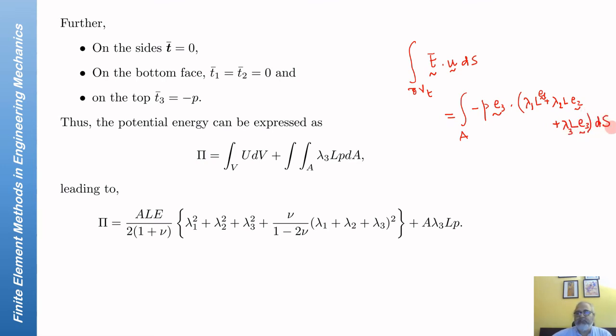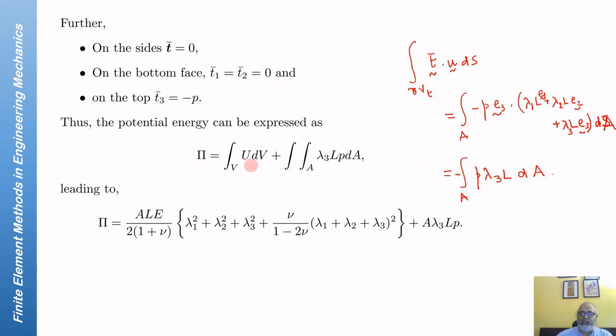So now if you take the dot product, this will become the integral over A of minus P lambda 3 L dA.